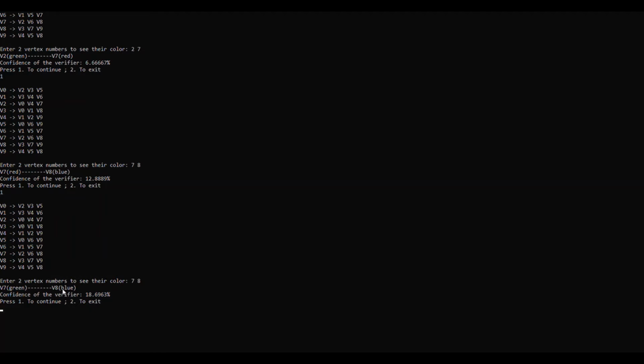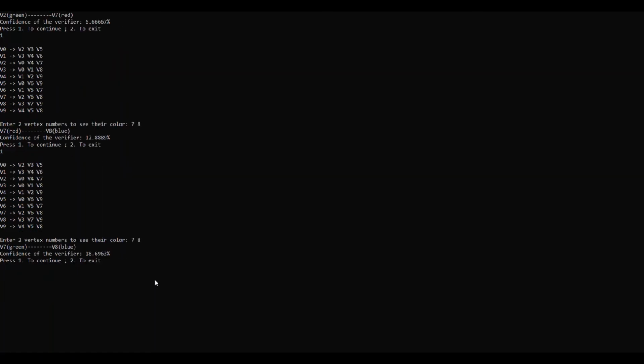This is because what the program is doing is that for the corresponding P1 and P2 which the prover has given, the arrangement of the graph remains the same, but in each step the three colors of the graph are permuted. This is done so that the verifier does not exactly know the coloring of the graph.